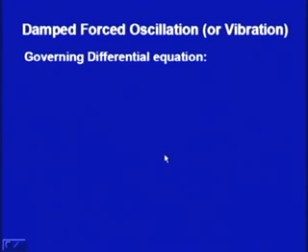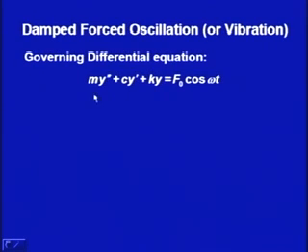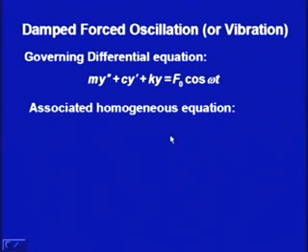What is this one? This governing differential equation would be my double dash plus cy dash plus ky is equal to f naught cos omega t. I am just discussing this special one, that is f naught cos omega t. The associated homogeneous equation would be my double dash plus cy dash plus ky is equal to 0.